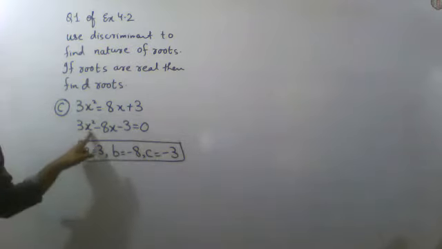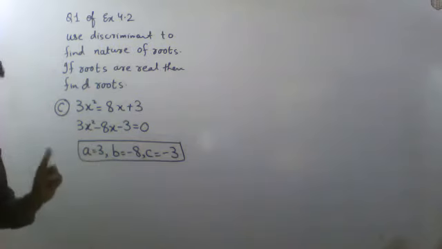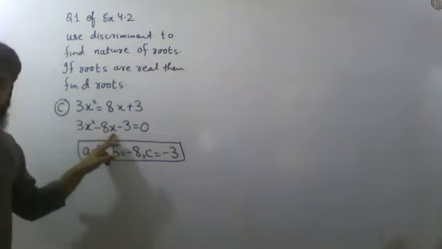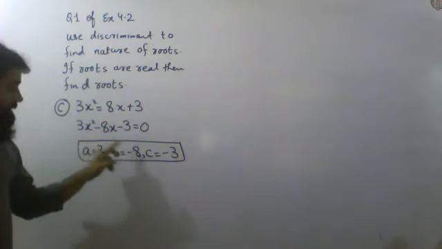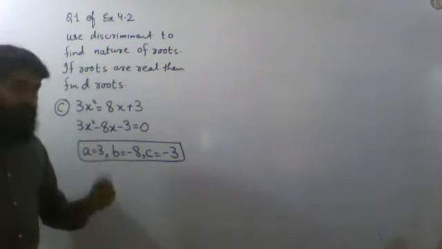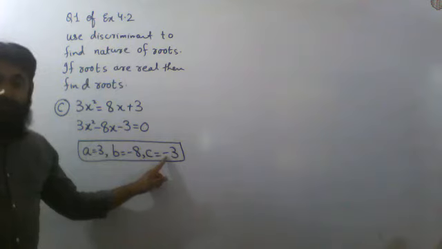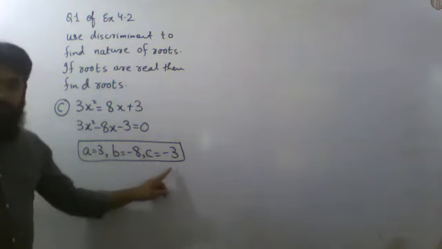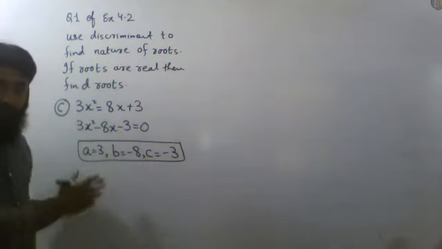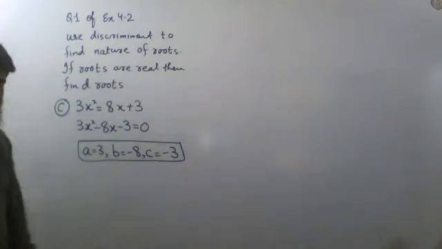Whatever is written with x square, that will be written as a with sign. Whatever is written with x, that will be written as b with sign. And whatever is constant, that will be mentioned as c. Okay, so I have plotted my a, b, c.